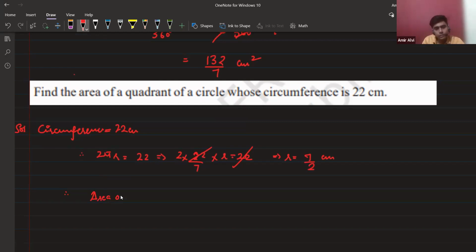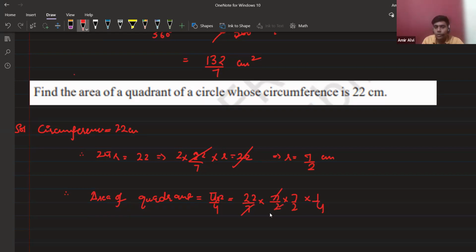Area of quadrant is pi r square by 4. So it should be 22 by 7 into r square, which is 7 by 2 into 7 by 2, divided by 4, that is multiplied by 1 by 4.